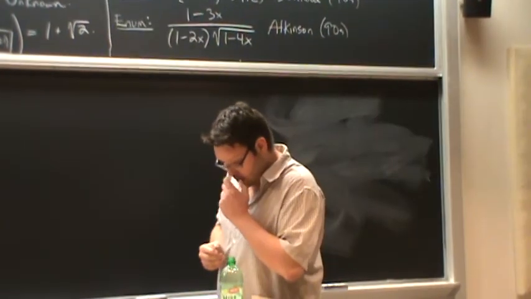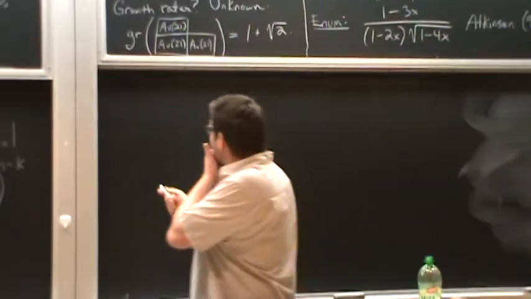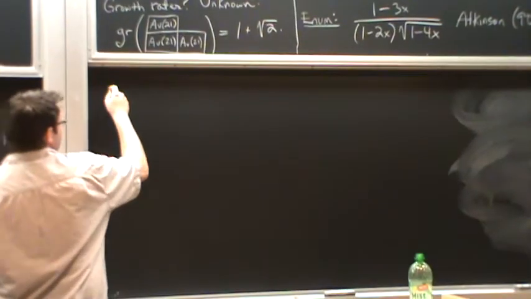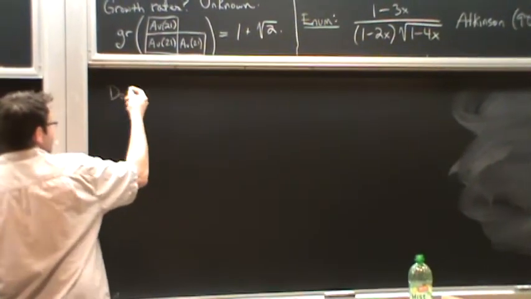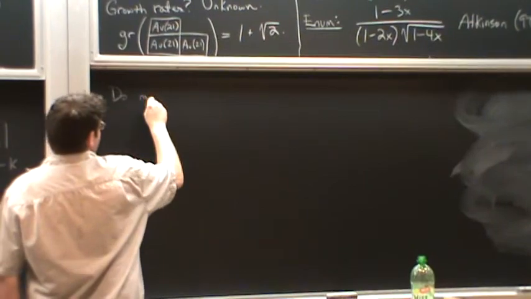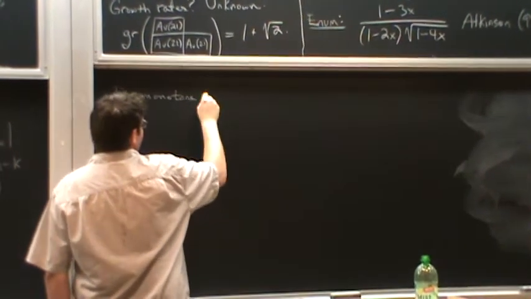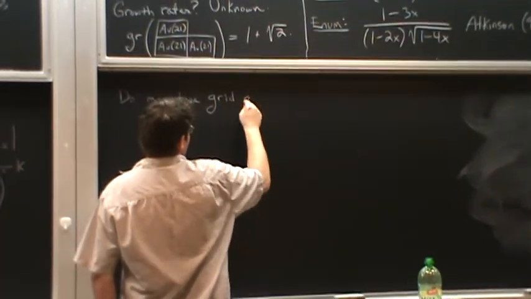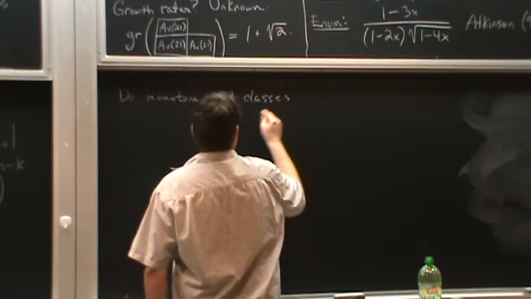So what about general questions? Our first general question would be, do monotone grid classes have finite bases?